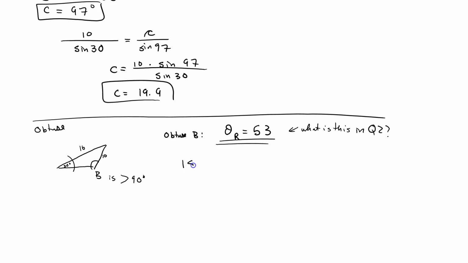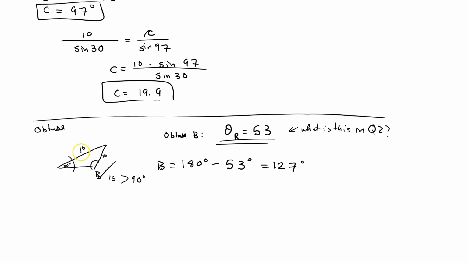I say 180 degrees minus 53 degrees. The new B is going to be 127 degrees. So we now know what B is.